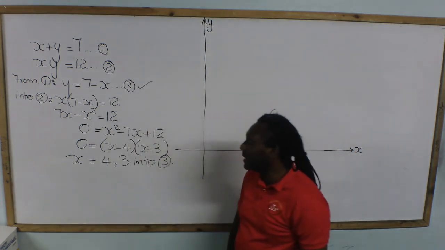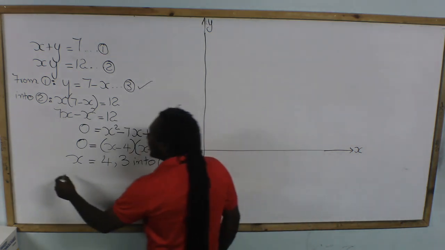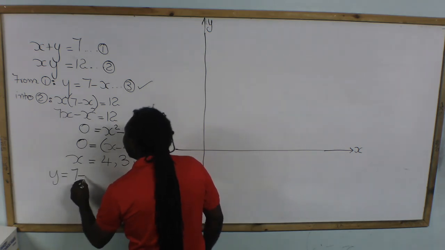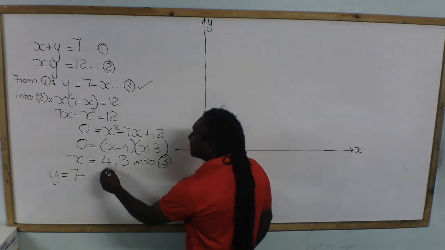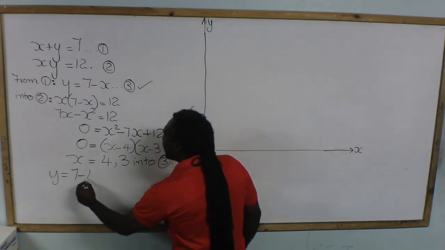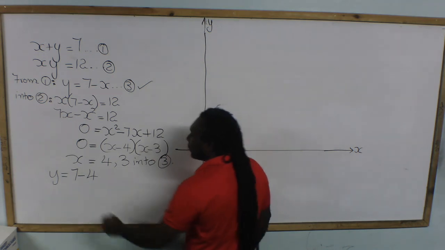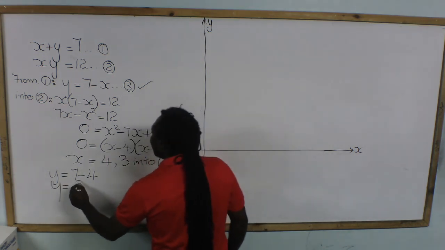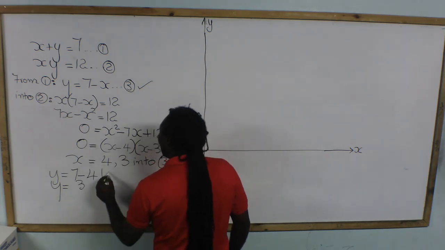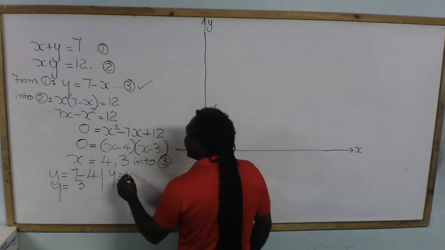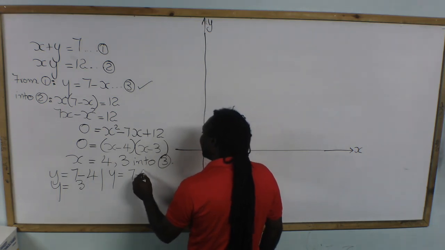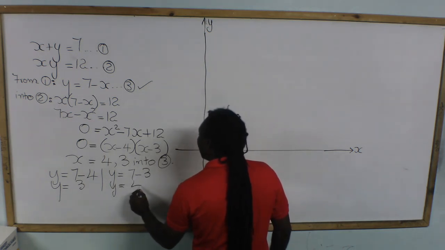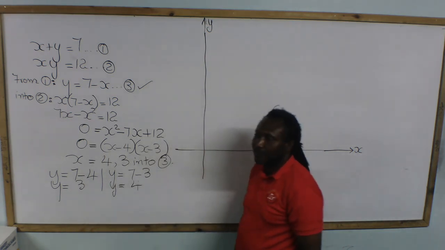Here it is, equation 3, right there. So y is equal to 7 minus, take one first, 4. So y is equal to 3. Or y is equal to 7 minus the other one. So y is equal to 4.